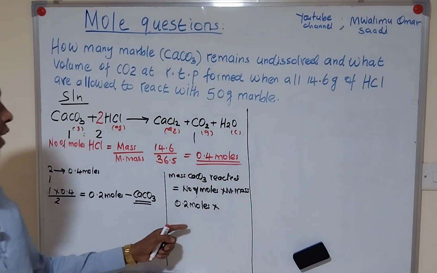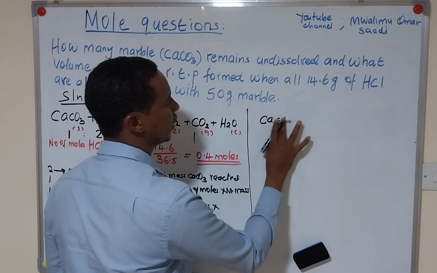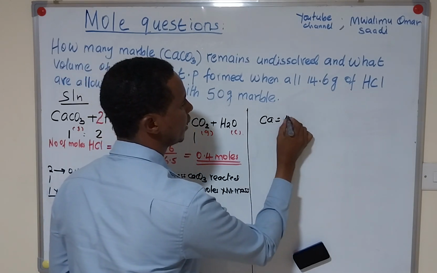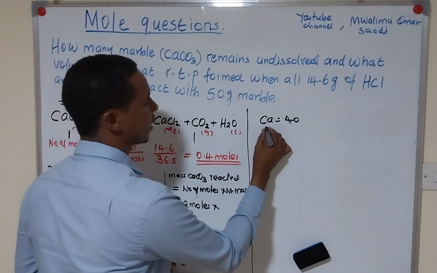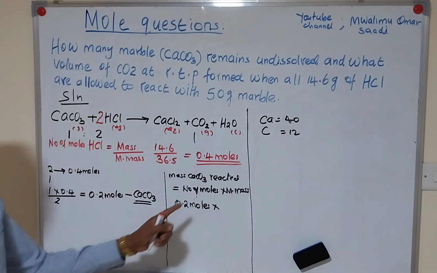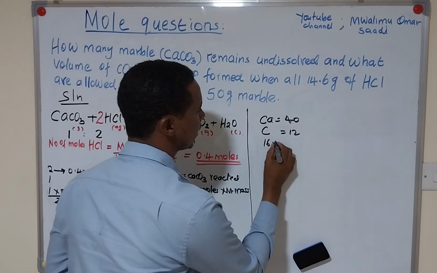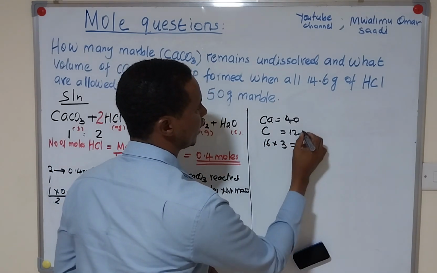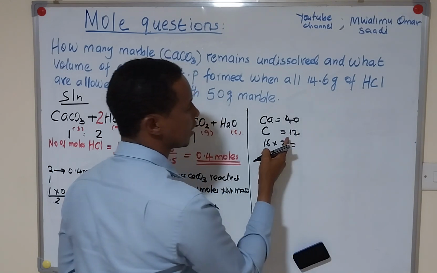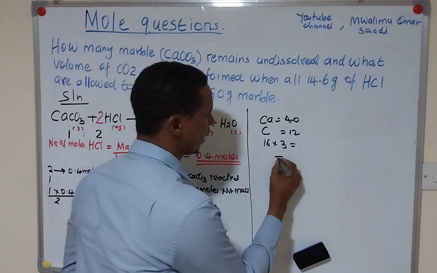Calcium is 40, carbon is 12, and oxygen is 16 times 3, which is 48. So 40 plus 12 is 52, plus 48 gives 100.